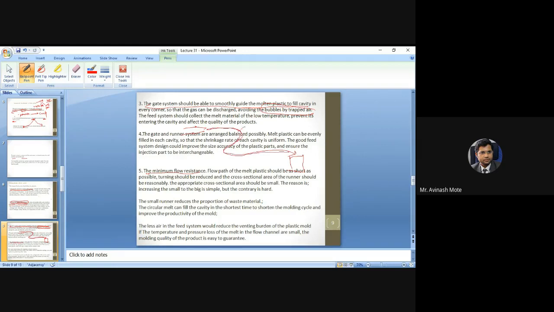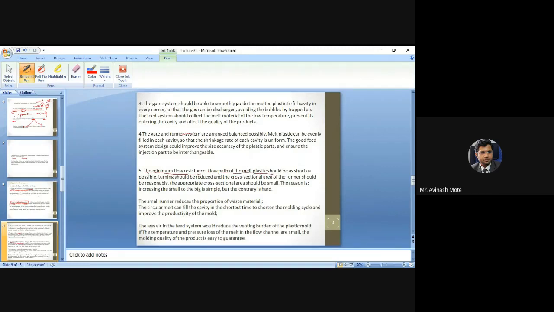It will lose heat, it will lose temperature, it will lose pressure. Because of that, a less heated material will enter the cavity. Shrinkage problem. So try to avoid longer paths, the traveling distance should be as small as possible. Heat loss and pressure loss. That is called the minimum flow resistance.